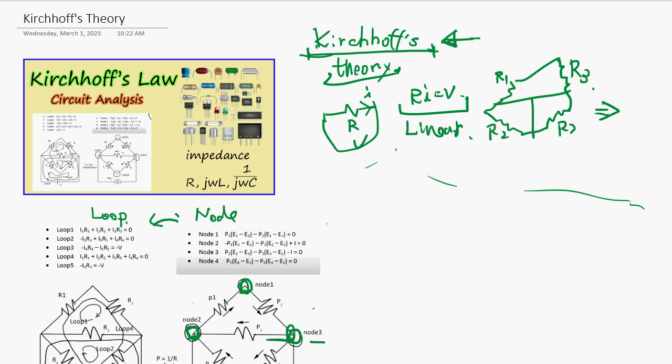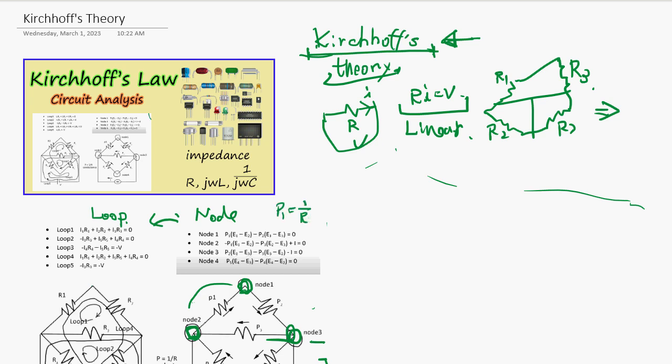Say node 1, you have a ground. From ground, the voltage is E1 and E2. Then the difference is this voltage, and P1 is the conductance, 1 over R1.